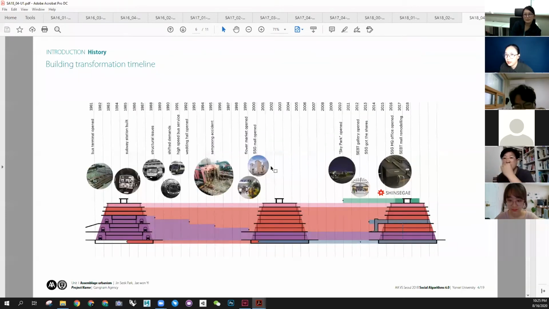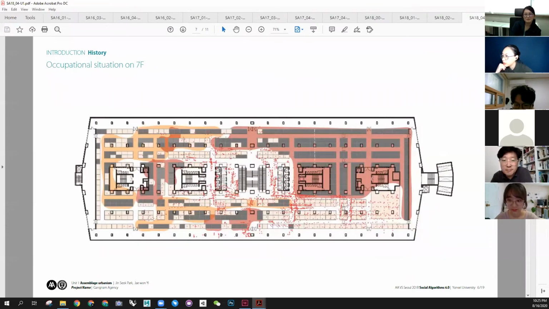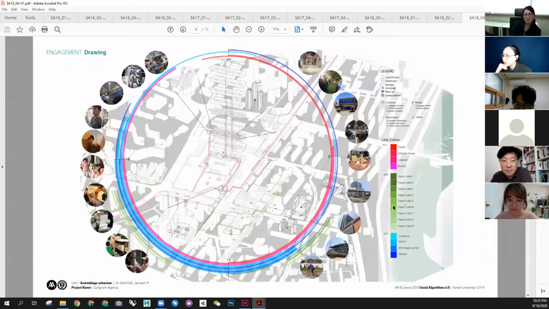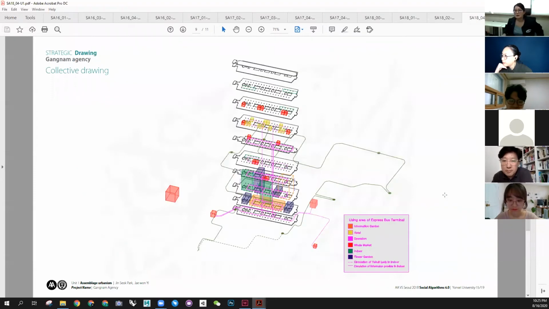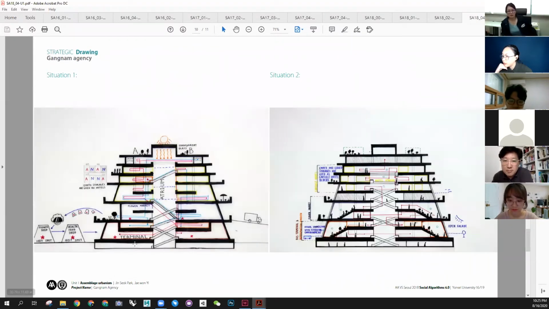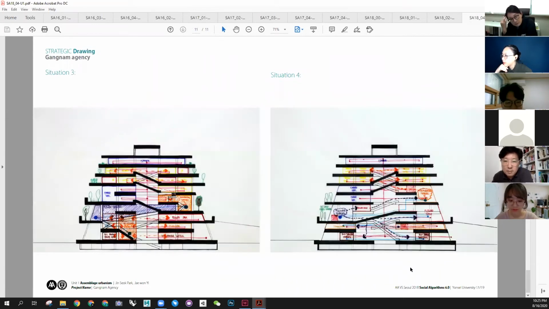I cannot quite explain this, but I think they also used the mapping methodology quite explicitly while meeting different people, and that was mapped out with this incredible diagram, and they made a lot of programmatic proposals on how to activate this building. So yeah, that was quite interesting. That was my overview.